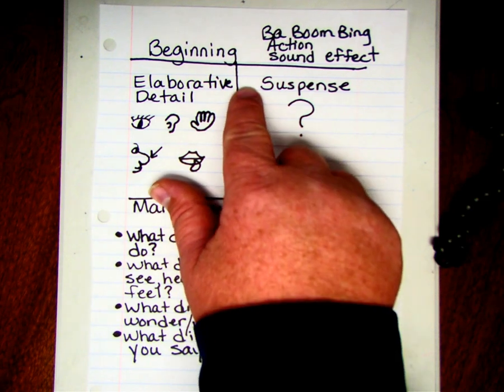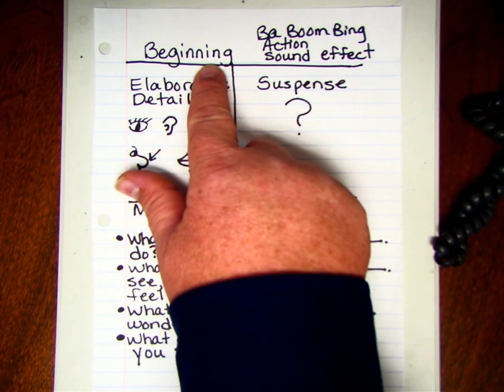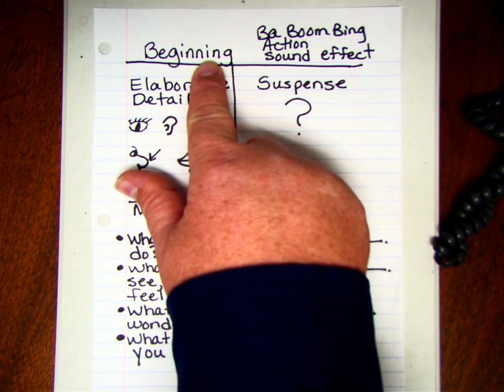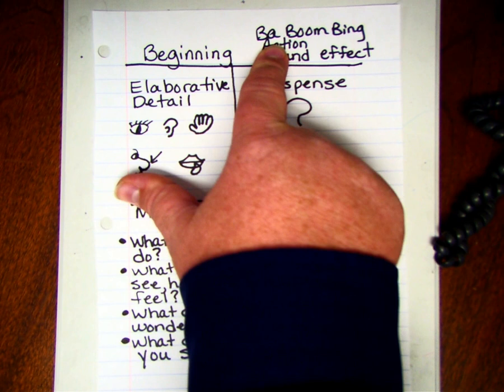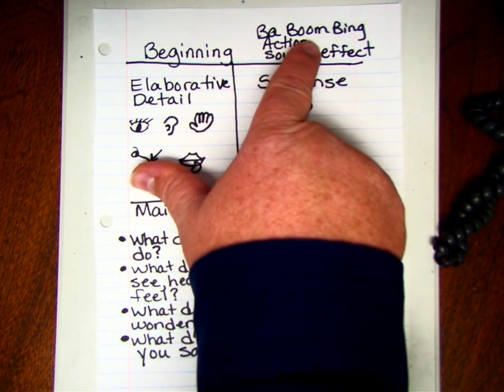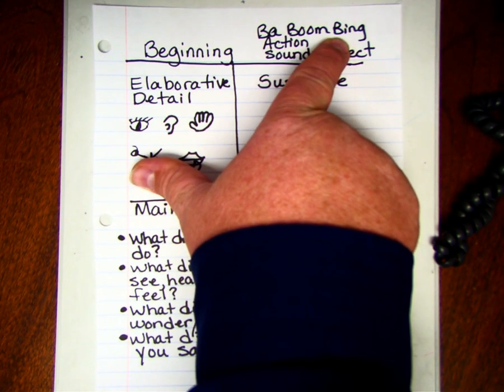The first part, what I did first is I drew the T, the double T, Texas Tech. And the very first part is your beginning. And what you can do is there's 3 different ways to start a beginning. You have the ba, boom, bing. The ba is what your feet were doing. The boom is your sound effect. Bing is what you thought.